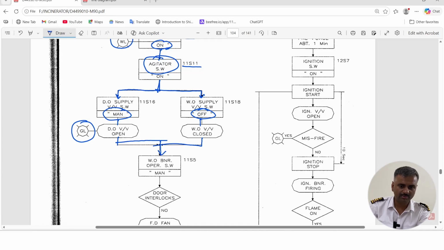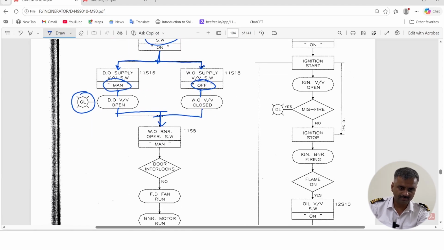This we are talking about the manual operation. So the waste oil burner switch should be in manual position. When the waste oil burner switch is in manual position, it will check the door interlocks.